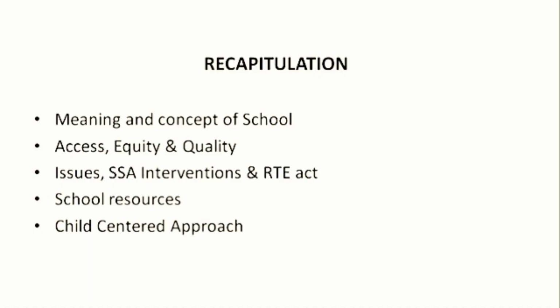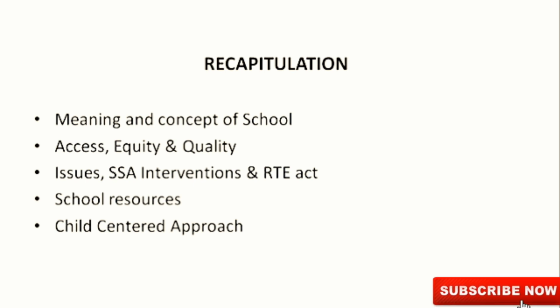Now, let us quickly recapitulate what we have studied. We have studied the meaning and the concept of the school, and how the school strengthens the teaching learning process. Then come the three parameters which are very important for the school system, namely access, equity and quality.